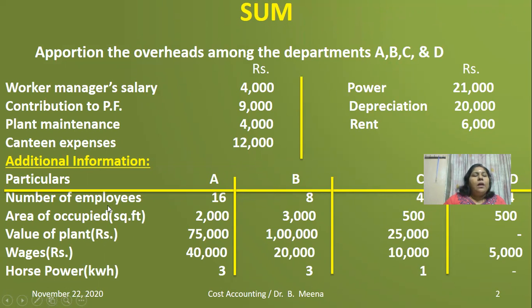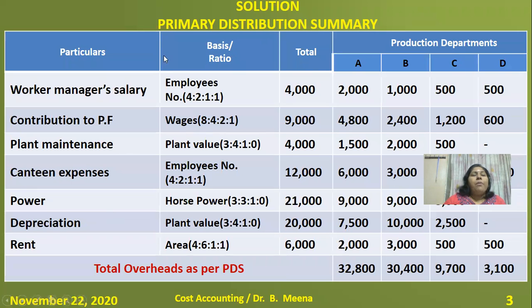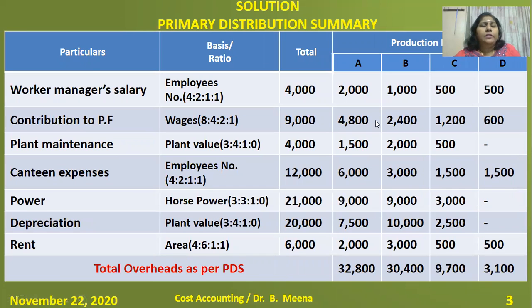For canteen expenses, again I will take the number of employees as the basis. We already calculated the number of employees ratio, 4 is to 2 is to 1 is to 1. Canteen expenses are 12,000 in total. I can apportion these expenses, the 12,000, into 4 by 8, 2 by 8, 1 by 8, 1 by 8, so I'll get these values.